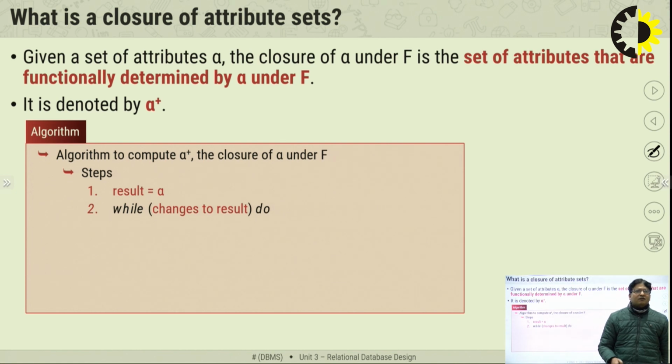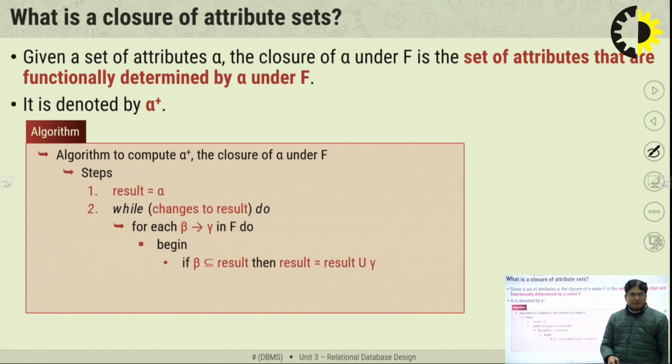Second step: while there is a change to result, for each FD beta determines gamma in F, do begin: if beta is a subset of result, then the new result will be equal to result union gamma, else result equals result.